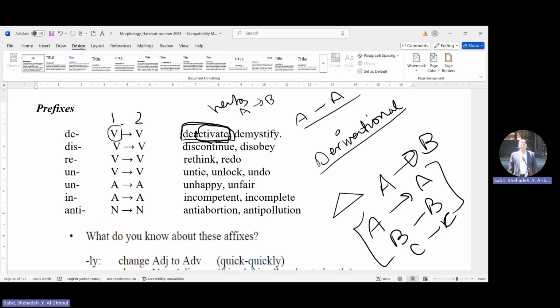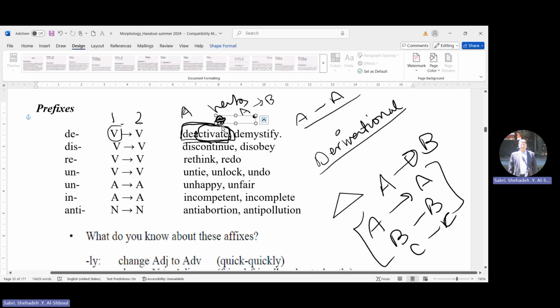So to the lexicon, to the mind at the psychological level, activate is A and deactivate is B. So it is not the same. They should look different, right? So we say that activate here is A, while deactivate is B.